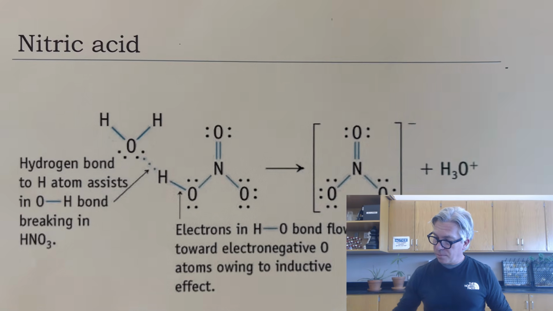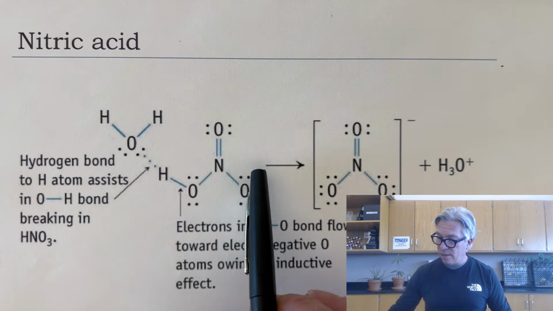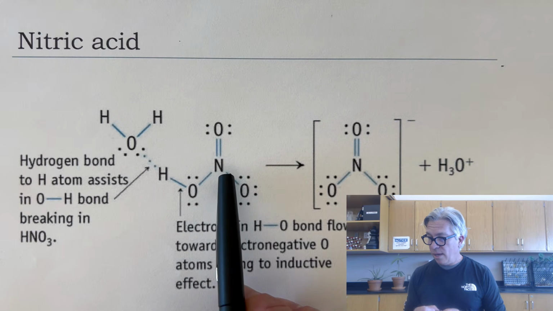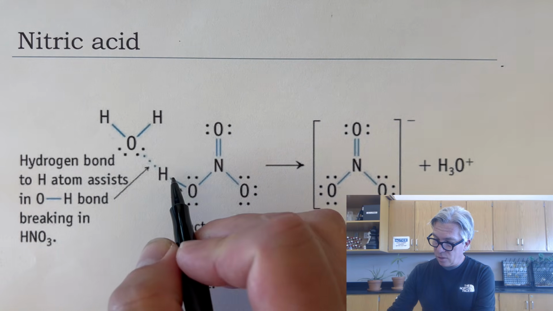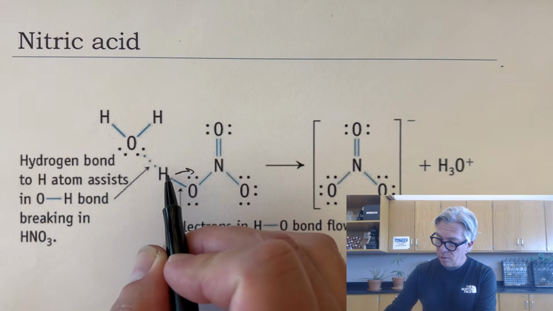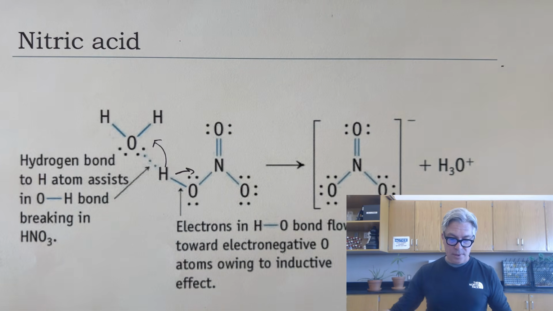Same with nitric acid. Nitric acid is stabilized by its resonance, and it has 3 oxygens on it along with the nitrogen, which is fairly electronegative. And those electrons get attracted over here to make a stable anion, and the proton goes over here to make a hydronium that way. Now, nitrous acid, not quite so lucky.